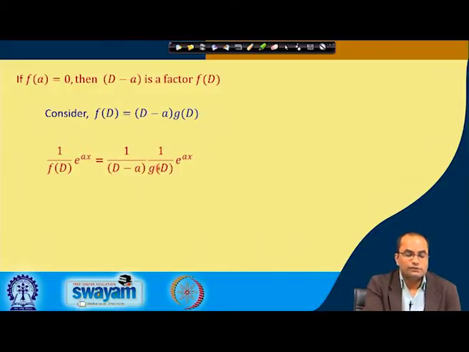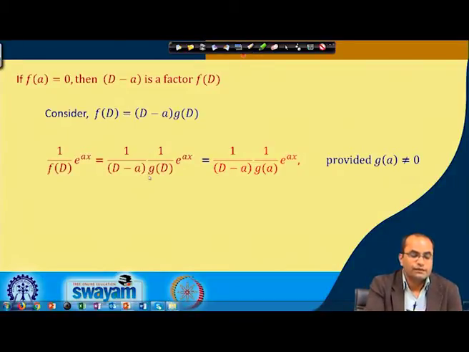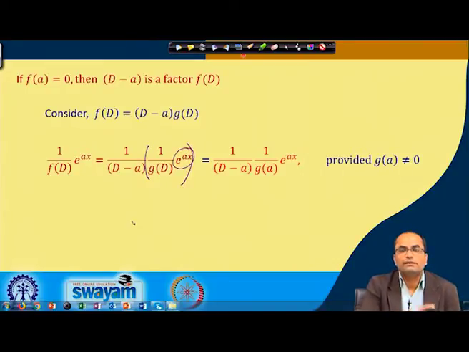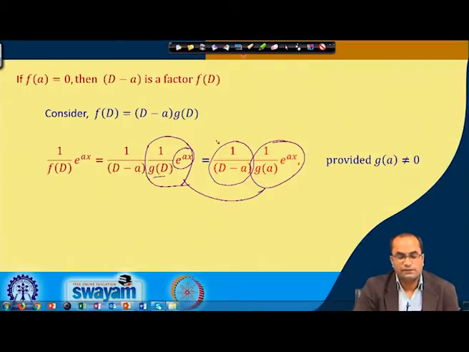So, here we have this 1/g(D), we assume that g(a) is not 0, because we have already taken this D minus a out. Suppose this g(a) is not 0, then the value of this operator 1/g(D) operated on e^(ax), as we have already seen, will be 1/g(a) e^(ax), and again this factor 1/(D minus a) is sitting as it is.